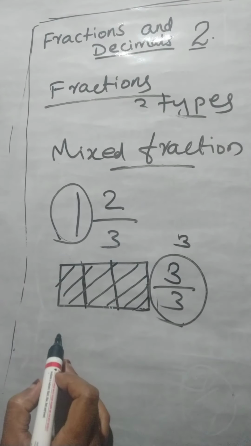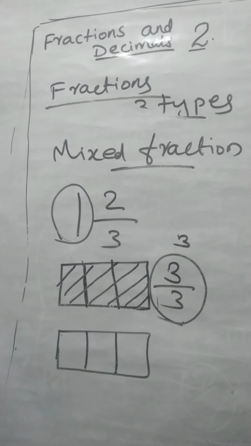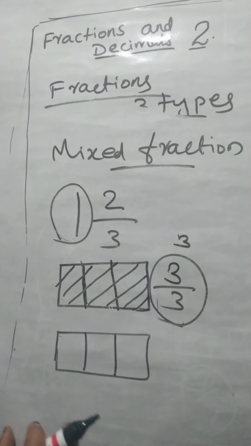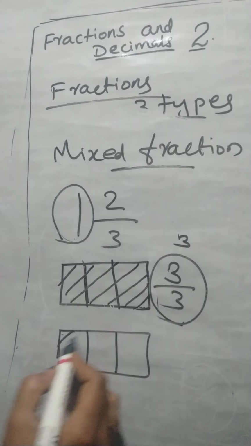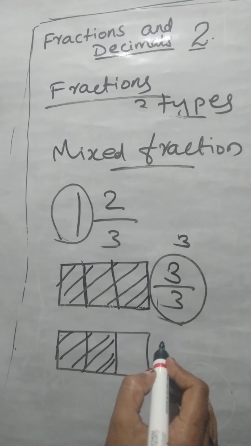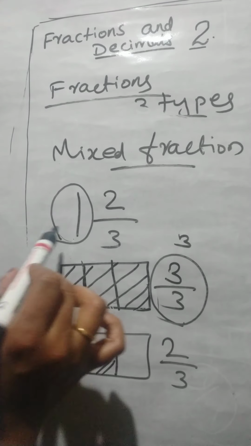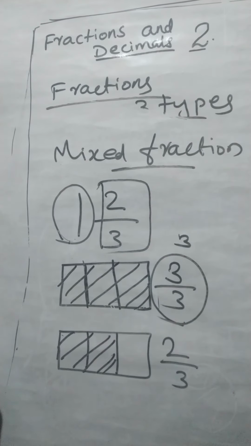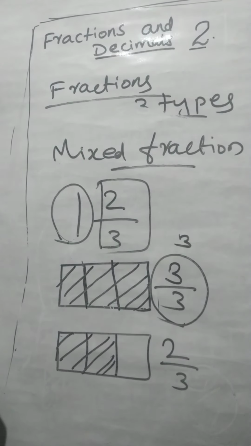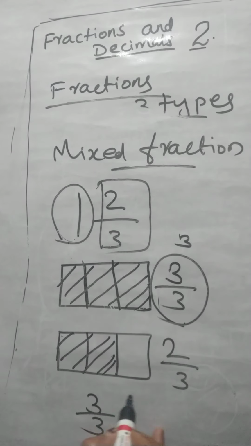Next 2 upon 3. That means the next cake, that also we have cut into 3 pieces. Among this you got 2 pieces. This is 2 upon 3. Okay, the whole part will be there. Next fraction will be a proper fraction. So this is represented by 3 upon 3 you got first, and next 2 upon 3.